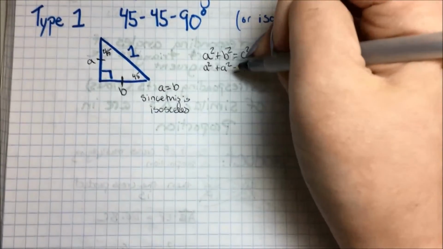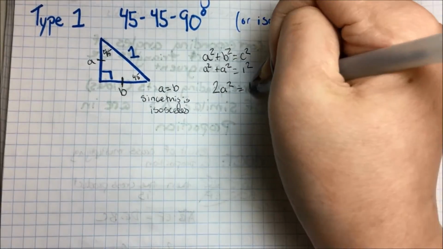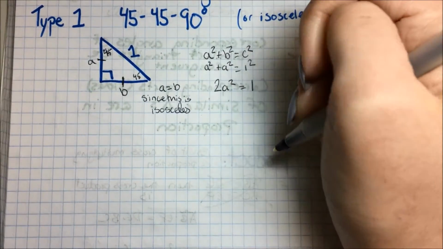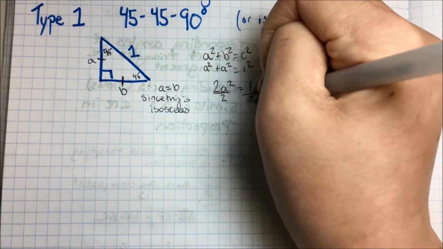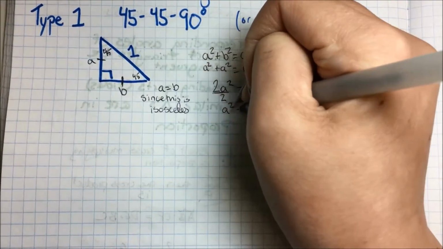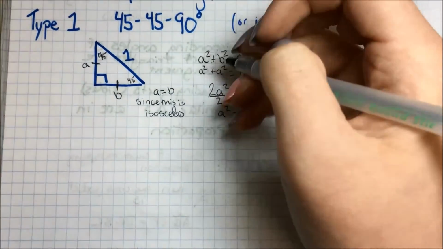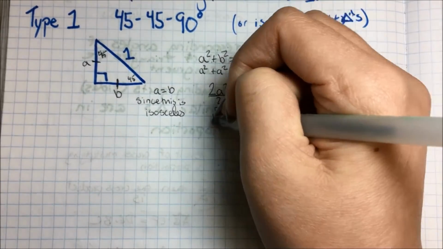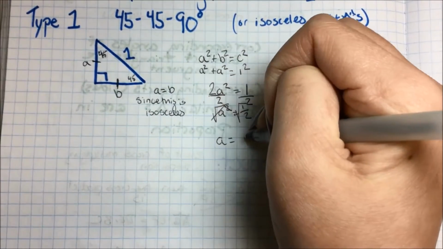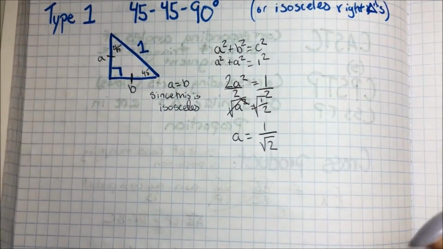A squared plus A squared is 2A squared equals 1. I want to find A, so I'm going to divide both sides by 2. So A squared is 1/2. Now I'm going to take the square root of both sides to get rid of the square, and I have A equals the square root of 1, which is 1, over square root of 2.